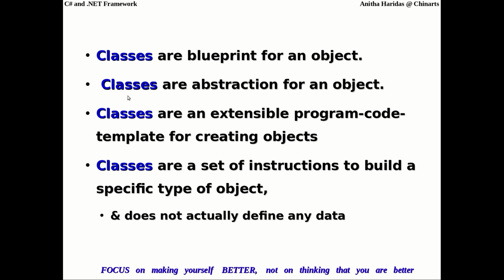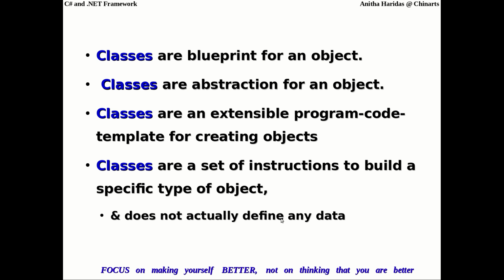In general, I can say classes are a blueprint for an object, or an abstraction for an object, or an extensible program code template for creating objects, or a set of instructions to build a specific type of object. And these classes do not define any data.